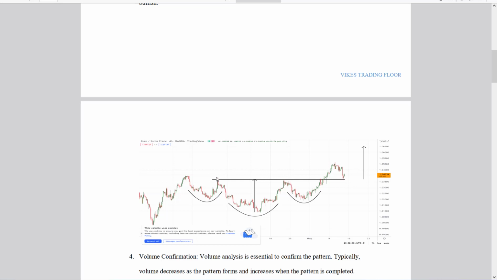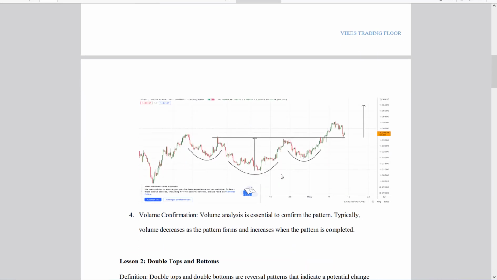This was our low, this was a high. We formed lower low, lower high, higher low, higher high. Now price has already confirmed that it has shifted from formation of lower lows and lower highs to higher highs and higher lows. So you always look for something like a retracement, rejection, then execute our trade.